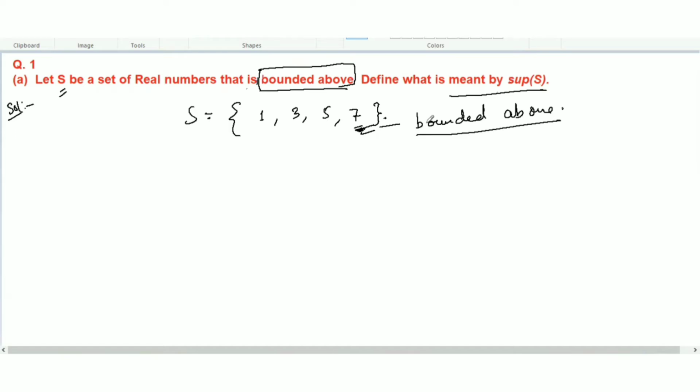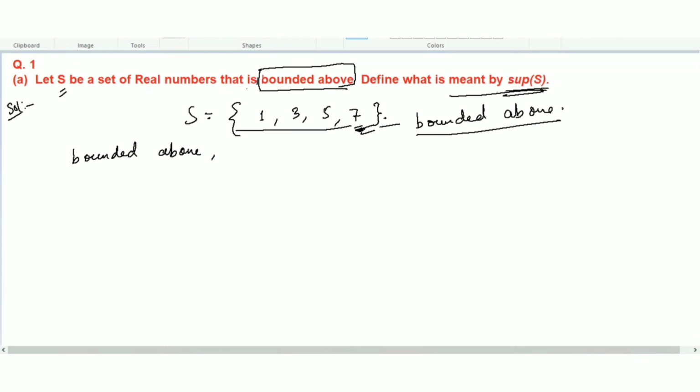You can understand this: any set which is bounded above, as you see this set is bounded above, will have an infinite number of upper bounds. So there will be a special upper bound among this infinite number of upper bounds. We are going to do this one.